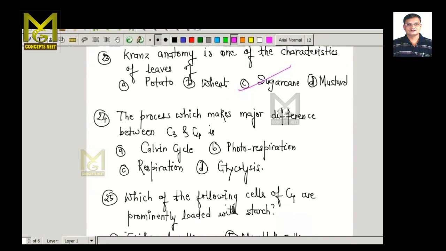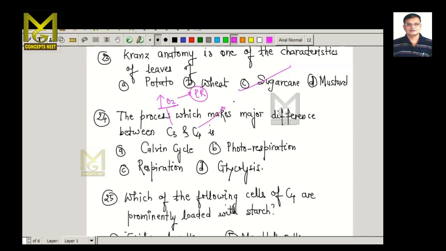The process which makes a major difference between C3 and C4. In C3 plants, if the concentration of oxygen increases, then this will be diverted to photorespiration.